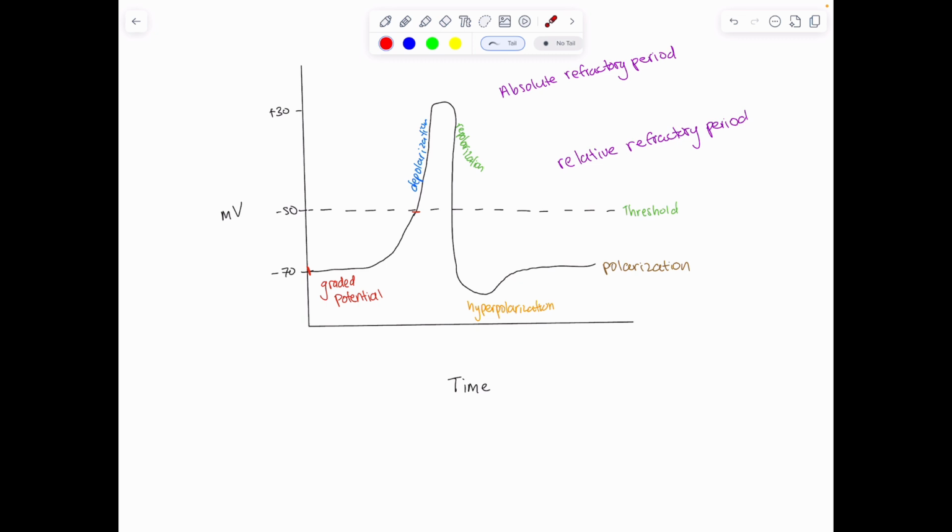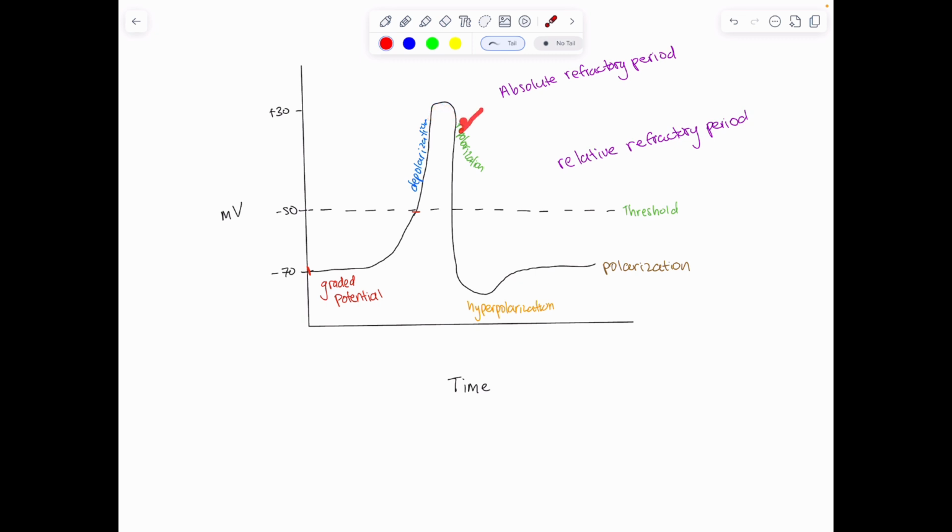All this sodium flows into the cell, and that's why we get this depolarization phase right here. Then about at this point, those sodium voltage gated channels begin to close and potassium voltage gated channels begin to open. The potassium is going to want to flow out of the cell, and that's when we get this phase right here.